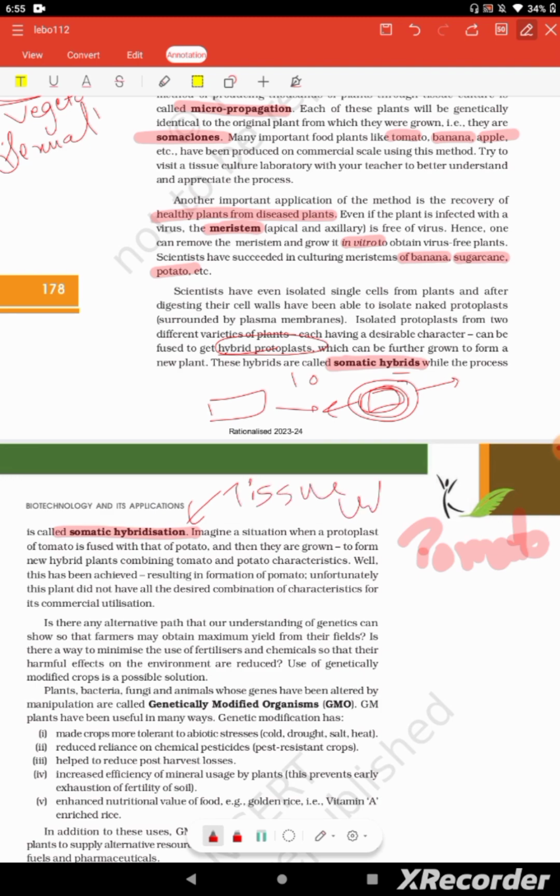So tissue culture has various applications. One of them is somatic hybridization, where you are fusing plant tissues with desired characters in in vitro conditions. So this is what resulted in pomato. Unfortunately, this plant did not have all the desired combinations of characteristics for its commercial utilization.